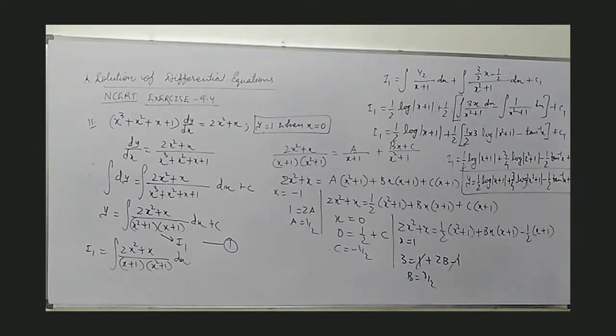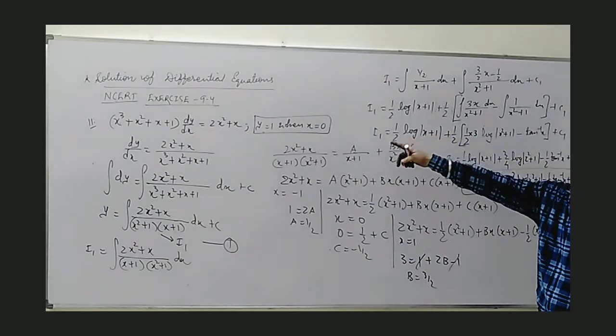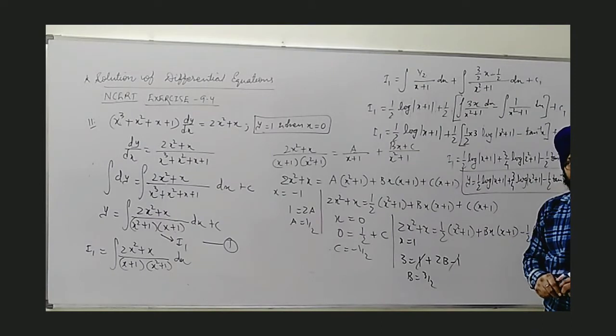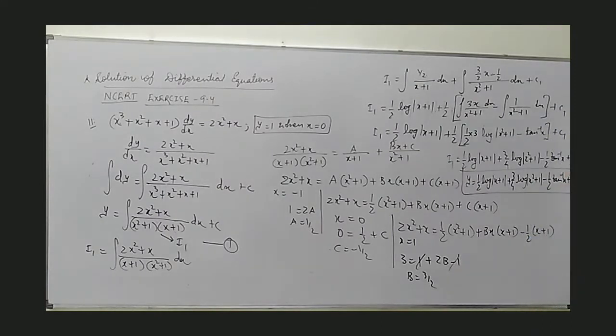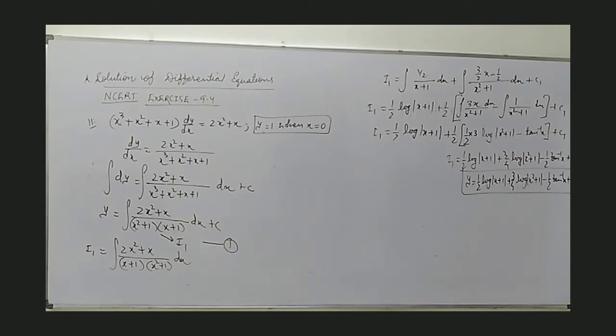I hope you understand, but one thing we are not supposed to forget, it's a particular solution. What we have to do, let me show. Here, we have obtained this final answer.